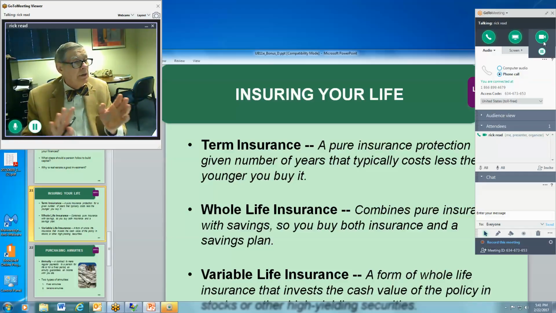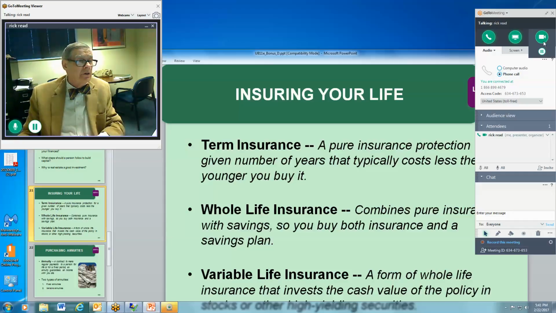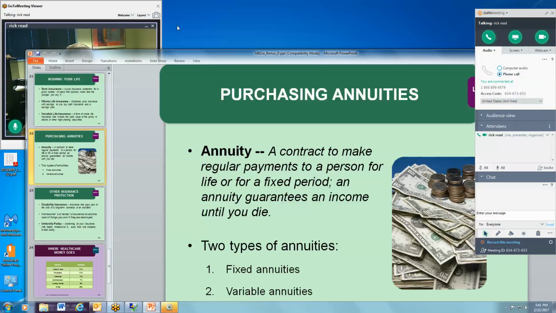Don't be oversold insurance. Buy whatever's best for you. Variable insurance invests the cash value in stocks and other higher earning security instruments. Again, find out if that's the right thing for you. If it is, think about it. If it's not, then stay away from it.